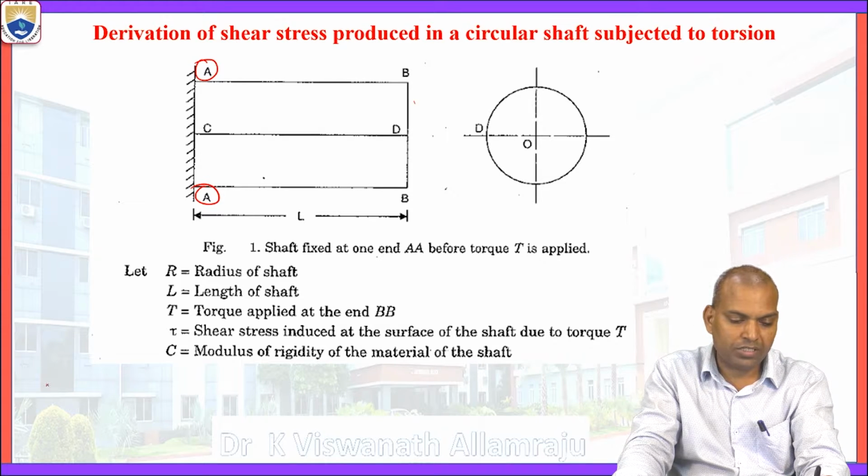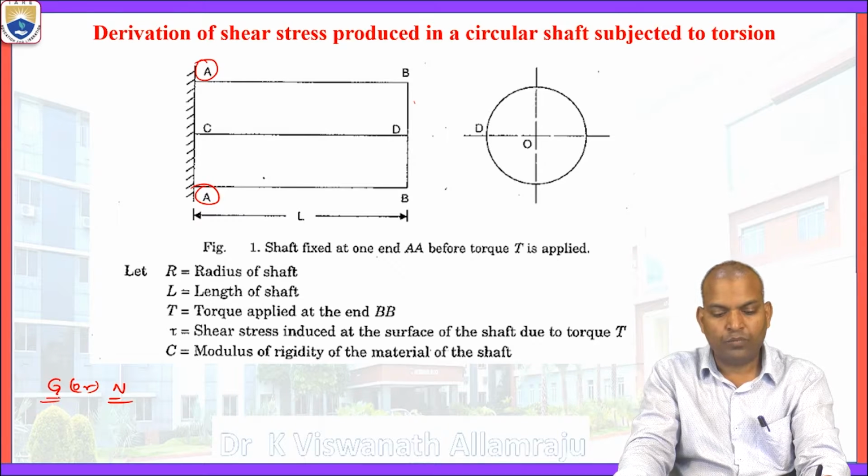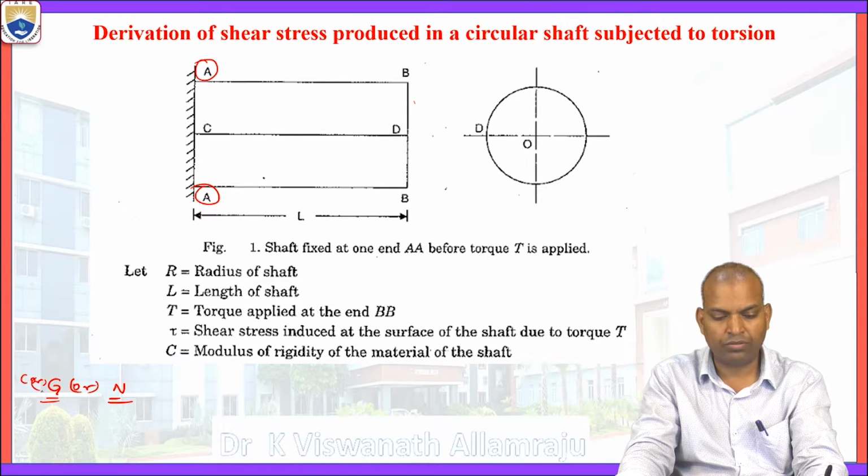The modulus of rigidity is also denoted by capital G or capital N. Most standard books follow capital G, but here you can follow C or G.